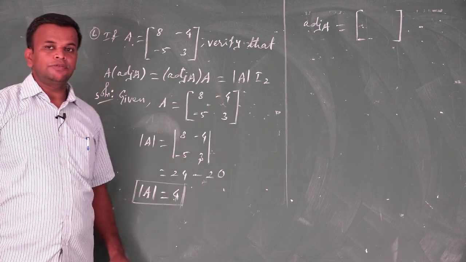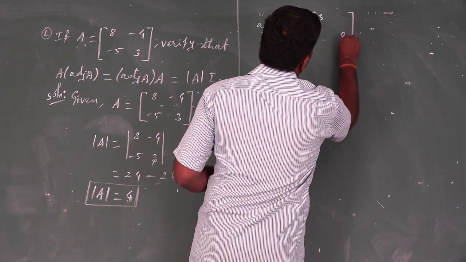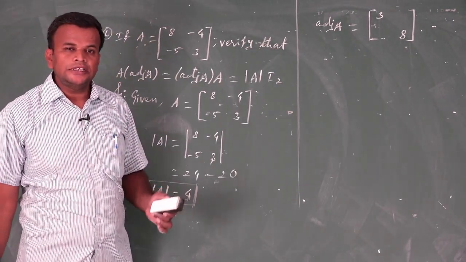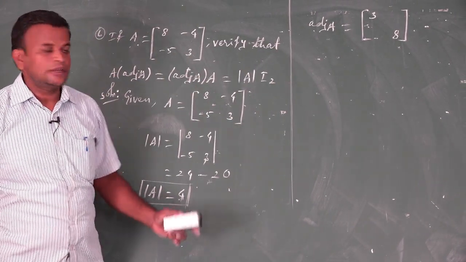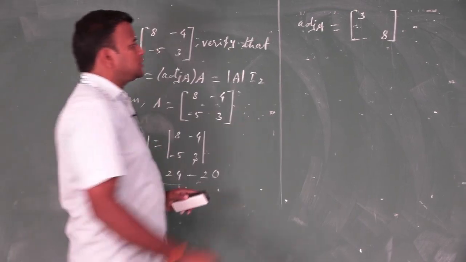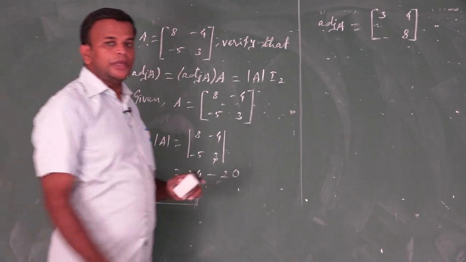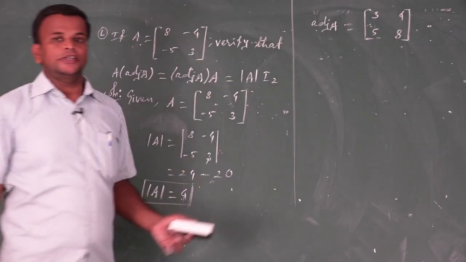We interchange, it becomes 3, 8. 3 occurs here and 8 occurs here. What is the next step? To change the sign of the remaining two elements. Minus becomes plus, plus becomes minus. Minus 4 is there, it becomes plus 4. Minus 5 is there, it becomes plus 5. So this is the value of the adjoint.